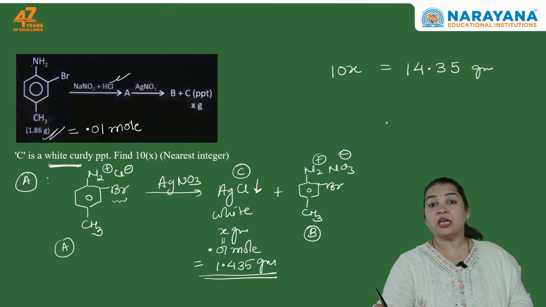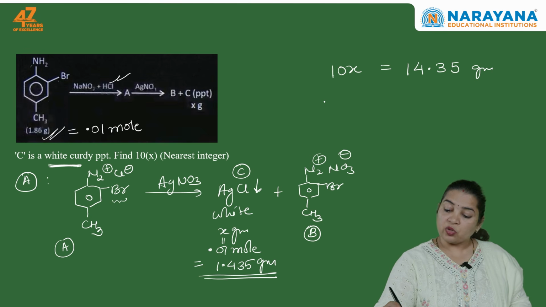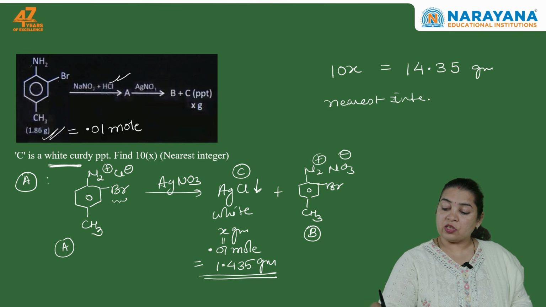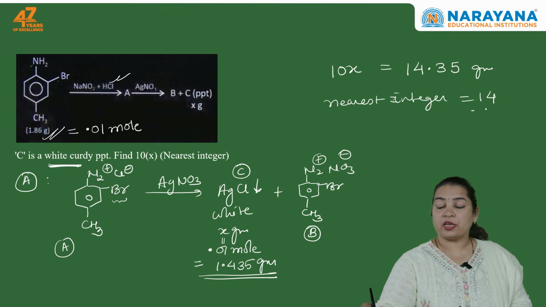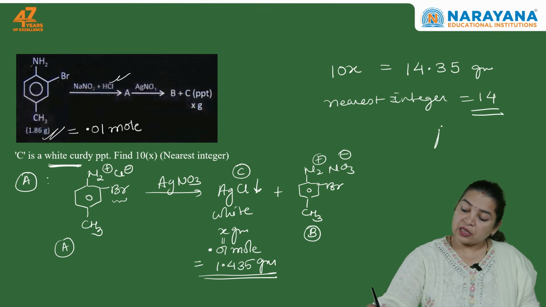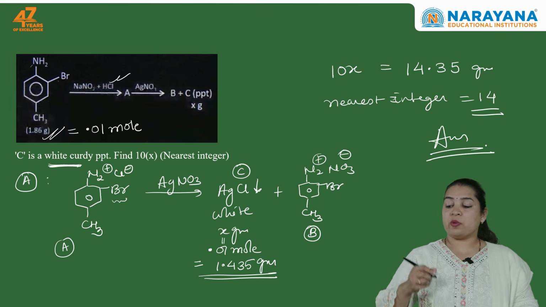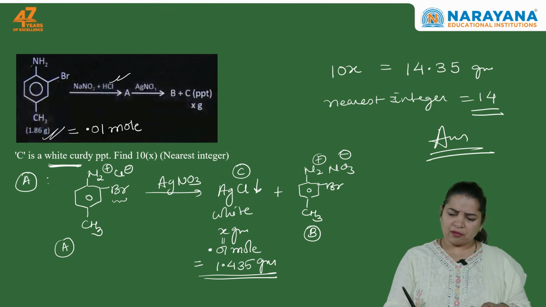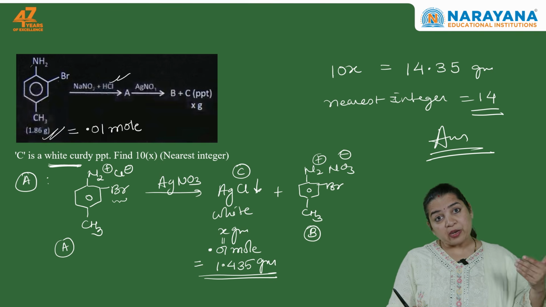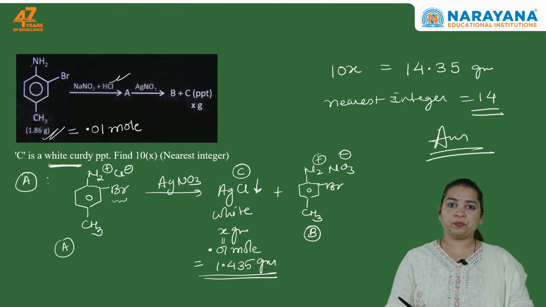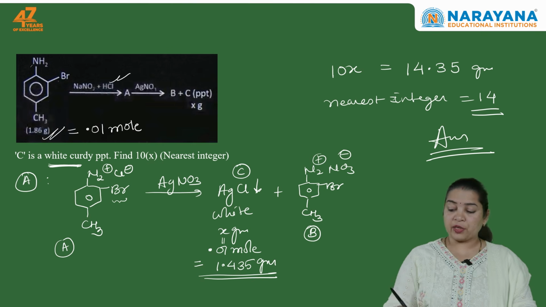But we have to put the nearest integer, so the answer is 14. When you have to put the nearest integer, the answer to be marked in your OMR or responses should be 14. Right. So this was simple. A little lengthy, but the middle two questions that I discussed, number 2 and 3, were really tricky ones. Okay. Let's continue.